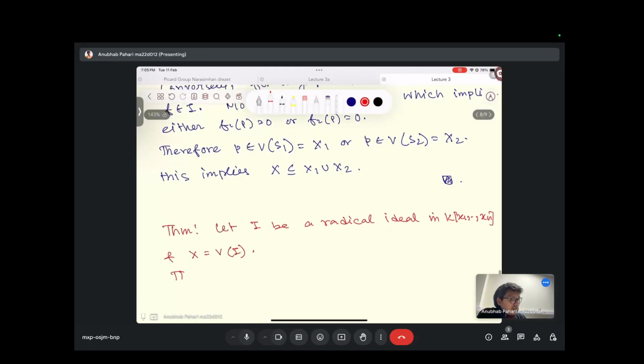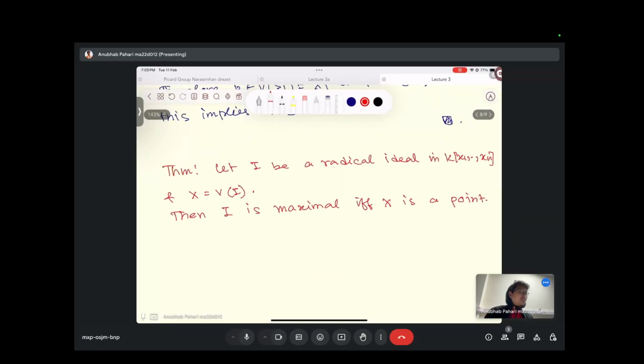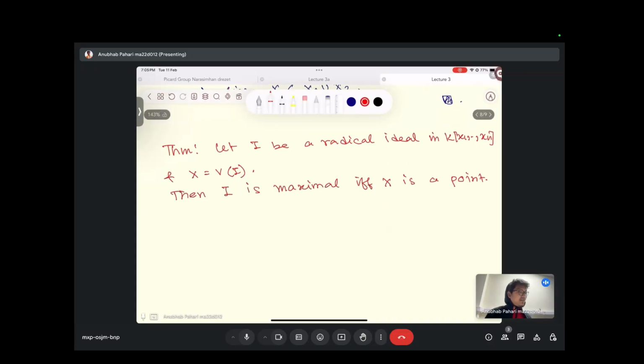Then I is maximal if and only if X is a point. I will be doing this proof, but take first 5 minutes to think about it. Then I will be doing this.